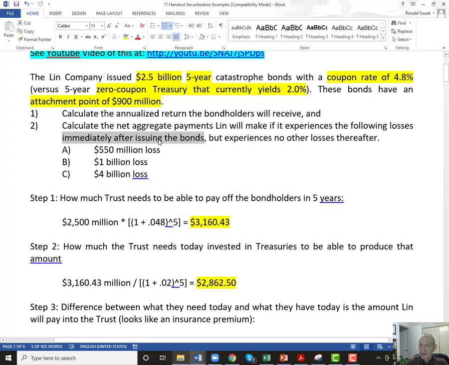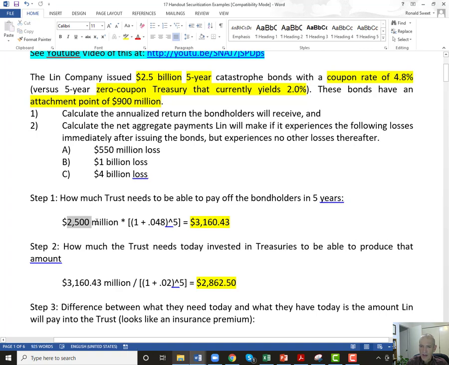So probably an earthquake, something that can happen just immediately. So you issue the bond and then the next day there's a massive earthquake. So the question is, these people have loaned us $2.5 billion and we have to give them a 4.8% return. So how much money do we need in 5 years so that they have a 4.8% return?